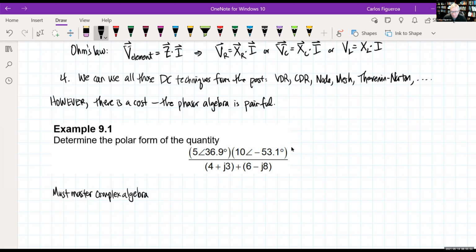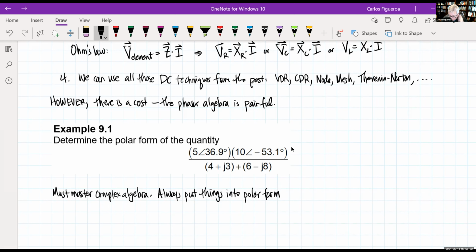There's a couple of things we can do here. Let's calculate this thing so you can see what I mean. The first thing we want to do is always put things into polar form.